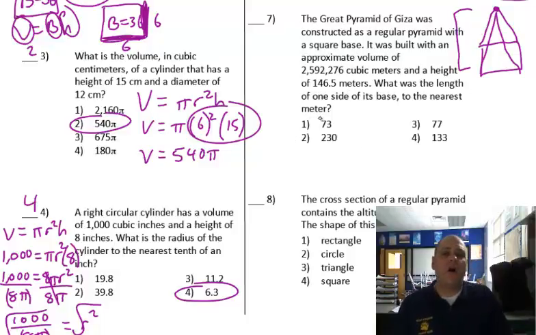This is pretty involved. The formula for a pyramid is volume equals 1/3 capital B H, so 1/3 base area times height.